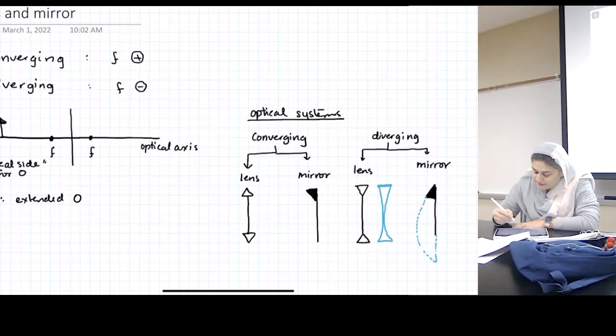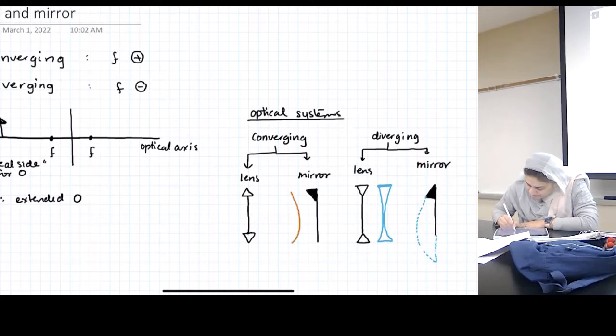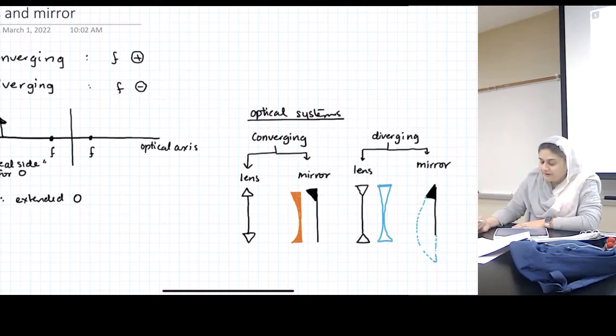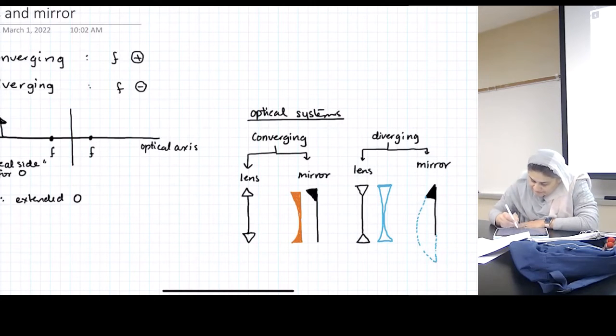Whereas a converging mirror actually looks like this, and a converging lens has this shape.